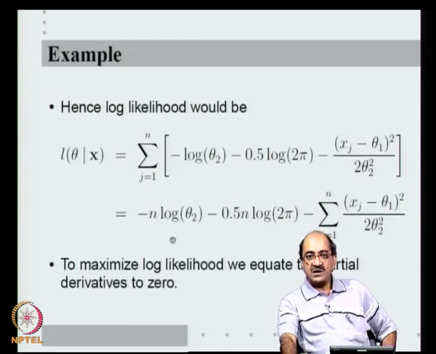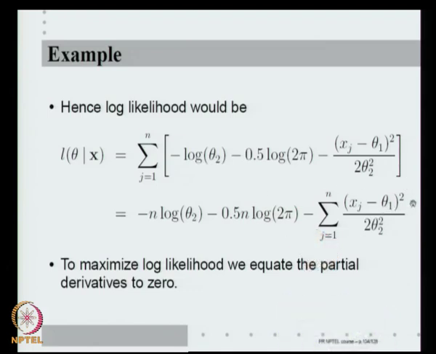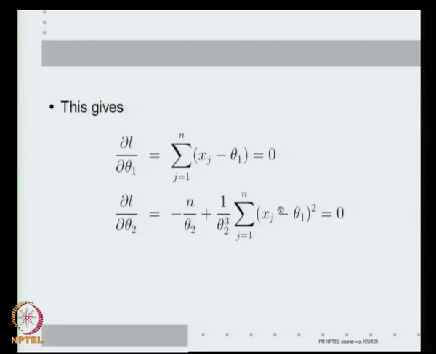What will be dou L by dou theta 1? If I differentiate this with respect to theta 1, the derivative of this is 0, the derivative of this is 0, and the derivative of this will be the summation of x j minus theta 1 by theta 2 square, into minus 1; that minus will cancel. So, if I equate that to 0, this is what I will get: summation j is equal to 1 to n of x j minus theta 1 is equal to 0, right.